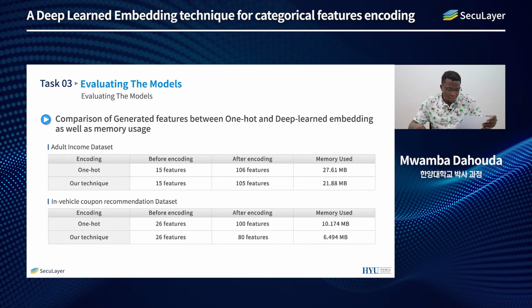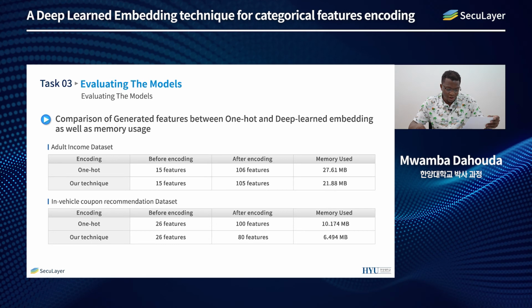Besides the number of generated features after encoding, it's also essential to know the memory used by the data frame. Therefore, we have only applied the deep learned embedding technique on the categorical data, and after encoding, in the view of the bank marketing dataset, the one-hot encoding generated 46 features and our technique generated 39 features.